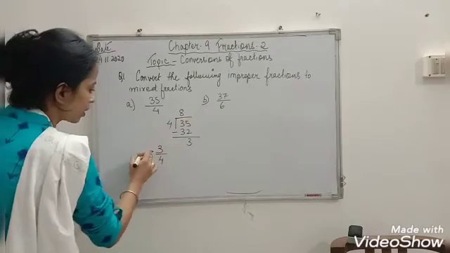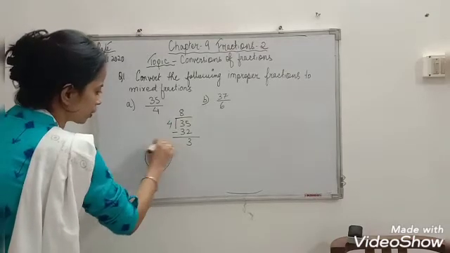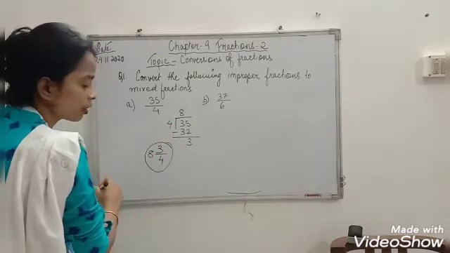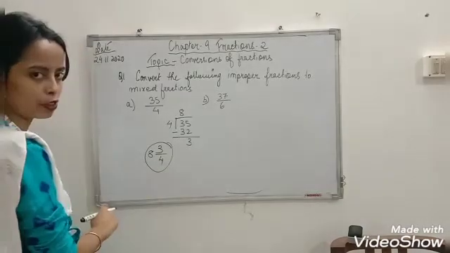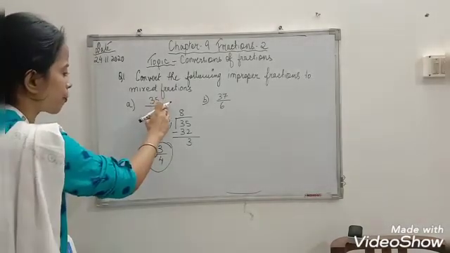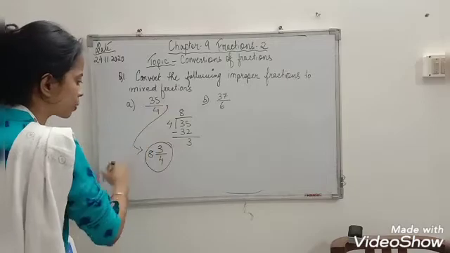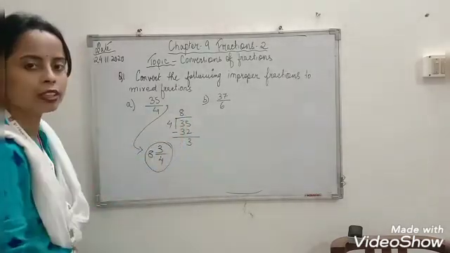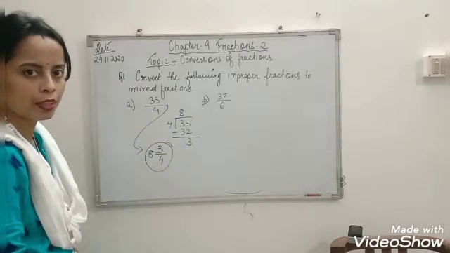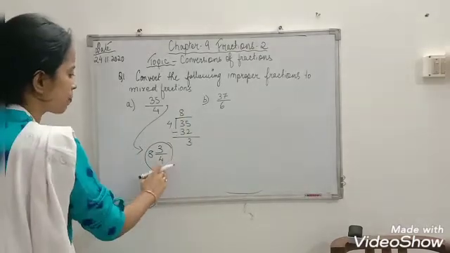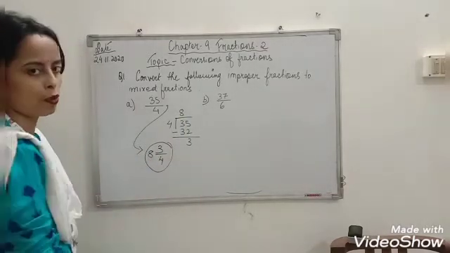So now see, this is a mixed fraction. So this improper fraction we have converted into a mixed fraction by doing division. So the required mixed fraction is 8 3 by 4.